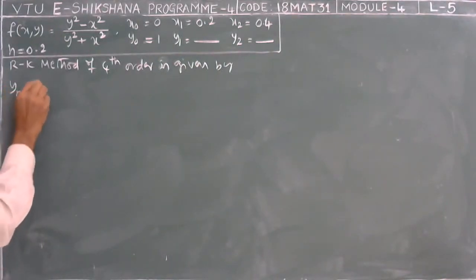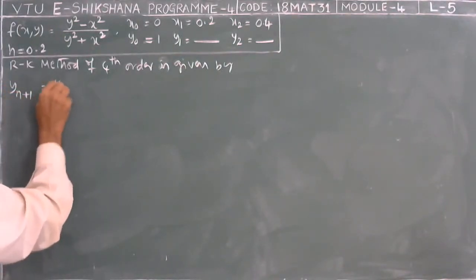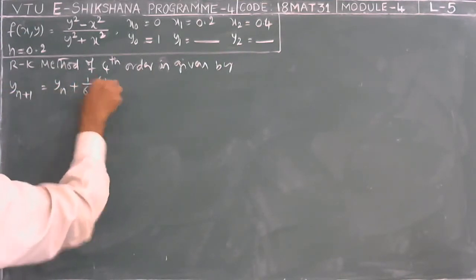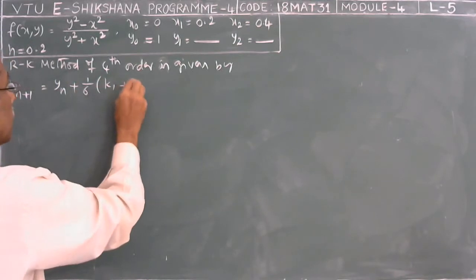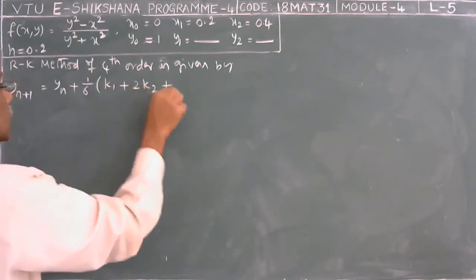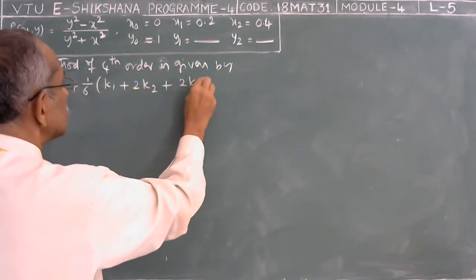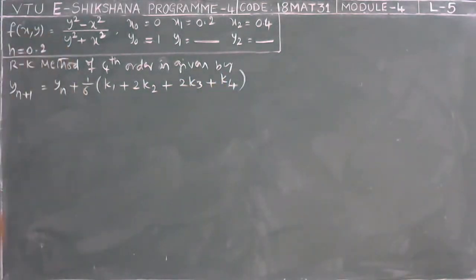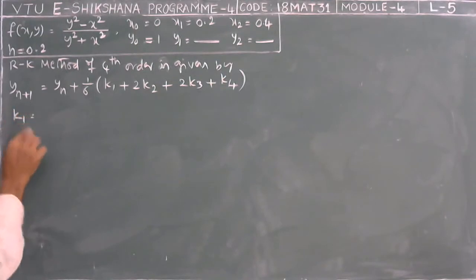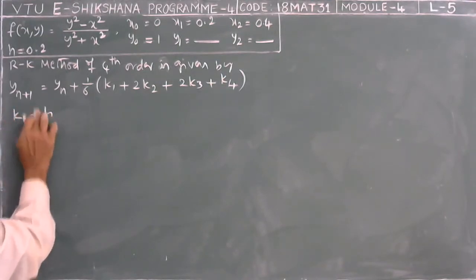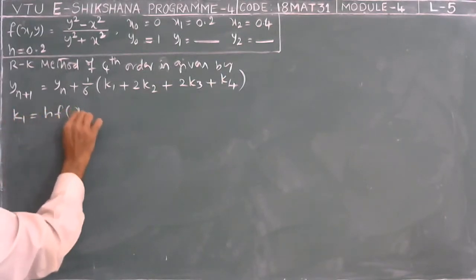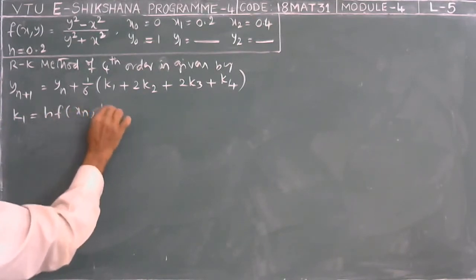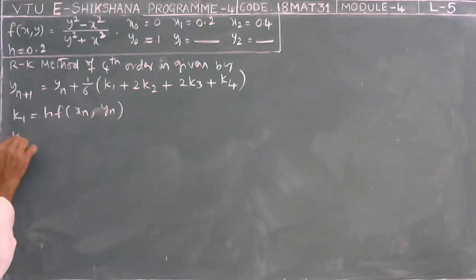y n plus 1 is equal to y n plus 1 divided by 6 into k1 plus 2 k2 plus 2 k3 plus k4, where k1 is h into f of xn comma yn.